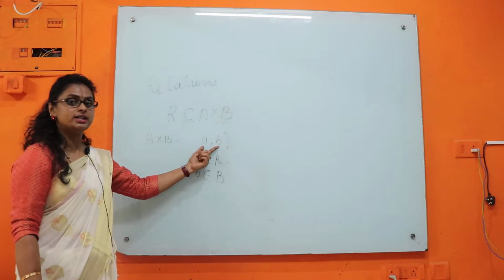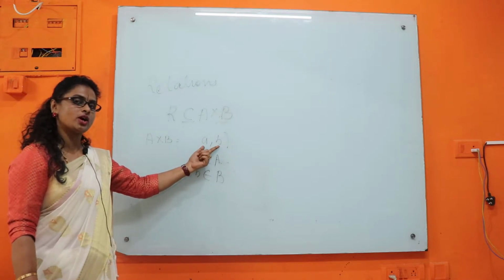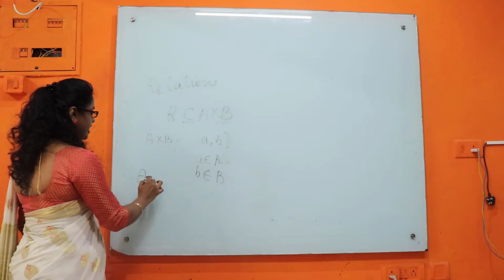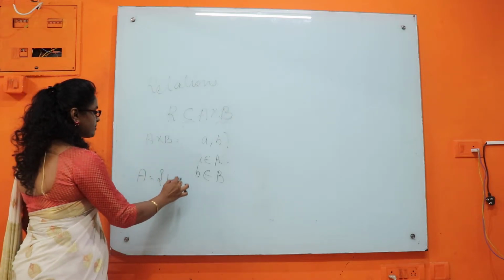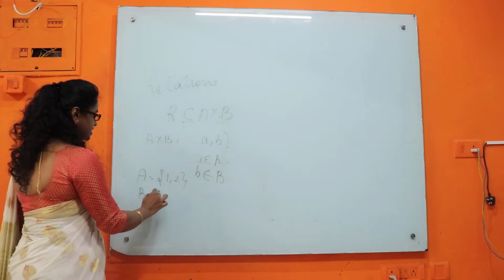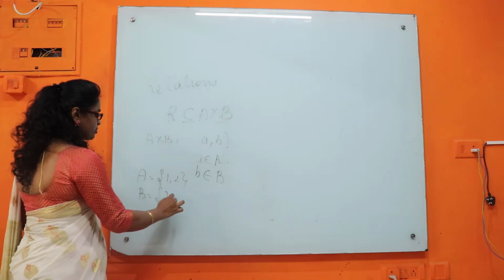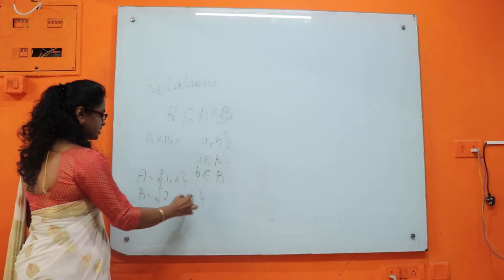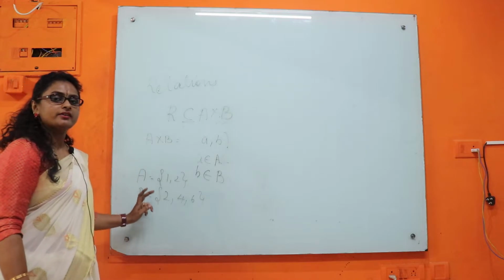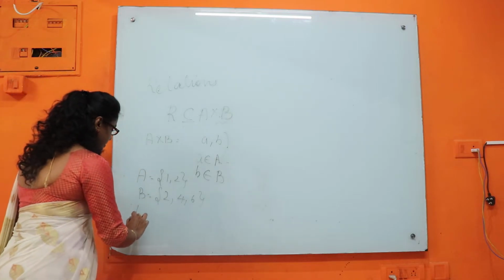It's an ordered pair. Why we call it an ordered pair is, for example, if I have A equal to {1, 2}, this is a set, and B equal to {2, 4, 6}, this is also a set. How can I write A cross B?